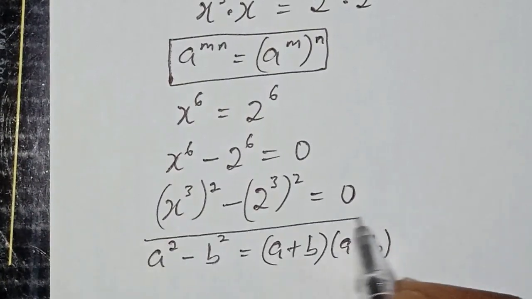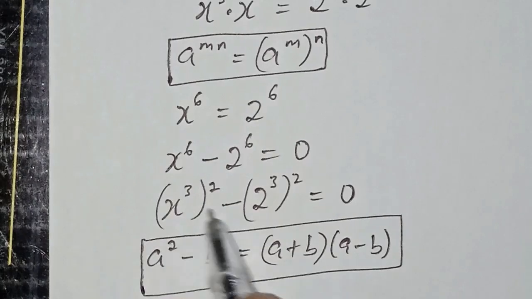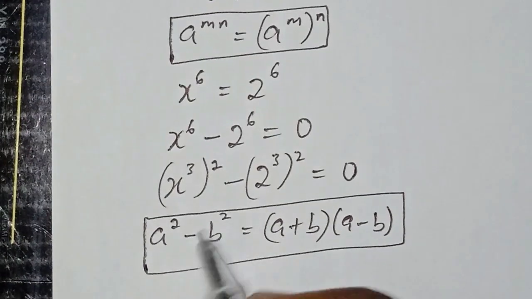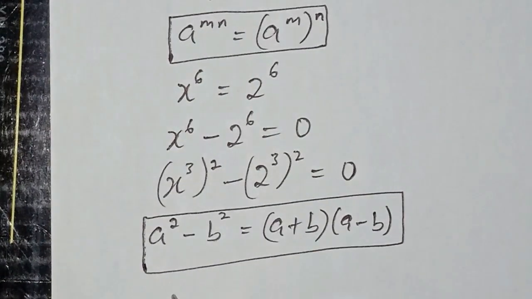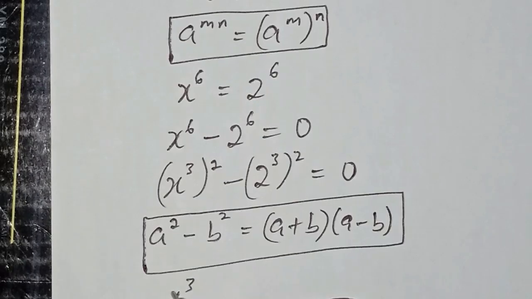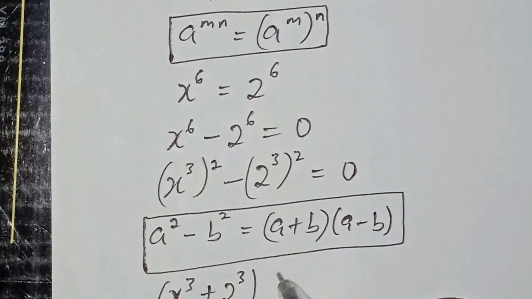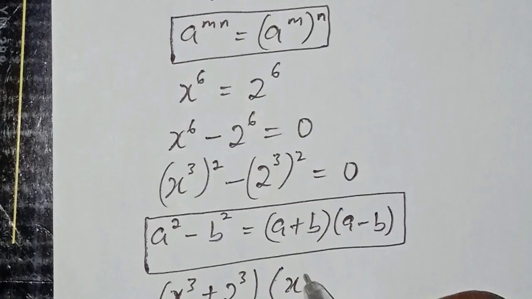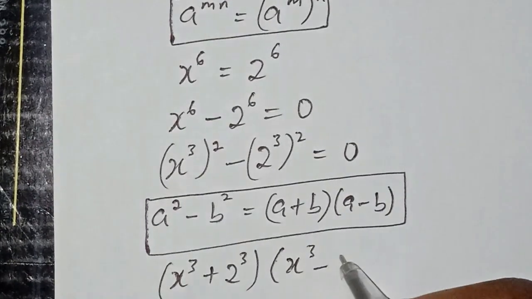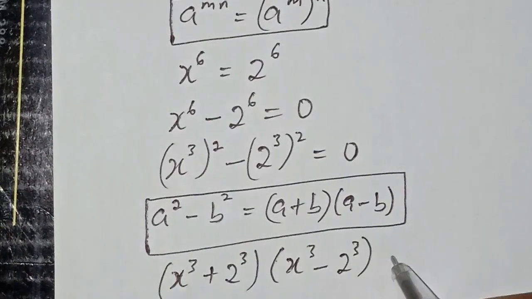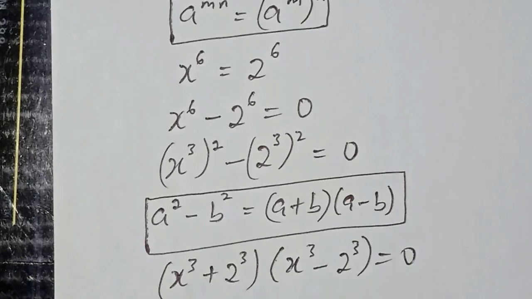So let's use this identity to simplify this expression. This can be written as x cubed plus 2 cubed into another bracket, x cubed minus 2 cubed, everything equal to 0.